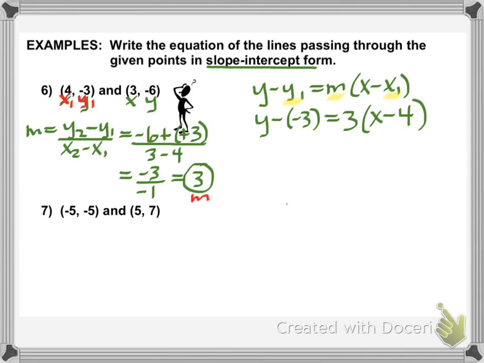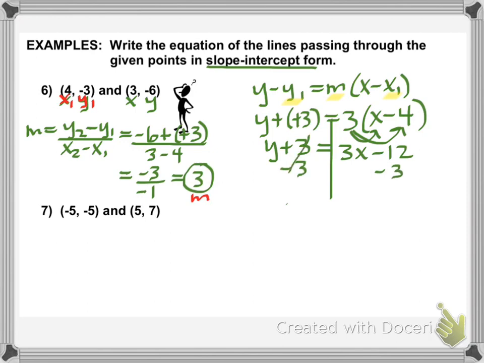Let's go ahead and clean this up a little bit. So on the left, minus a negative, that's the same as adding a positive. So on the left, I've got y plus 3. On the right, I just need to distribute that 3. 3 times x is 3x. 3 times -4 is -12. Second step, we're going to move that plus 3 to the other side by subtracting it from both sides.